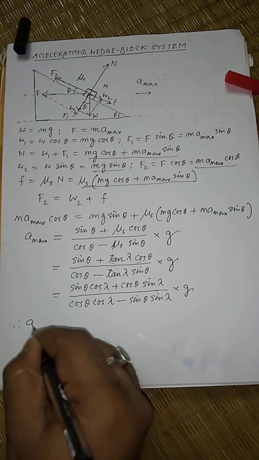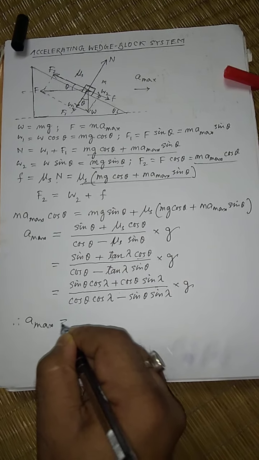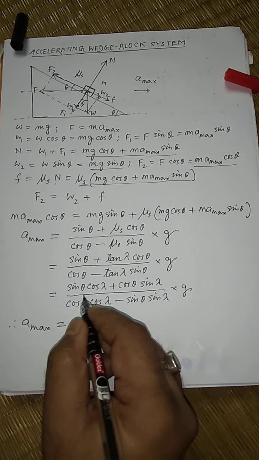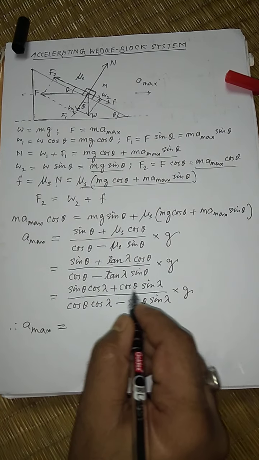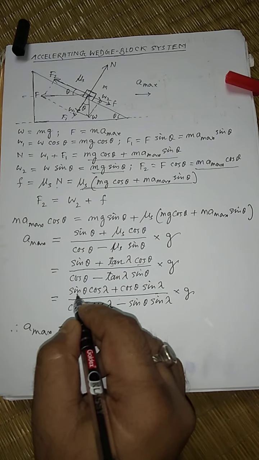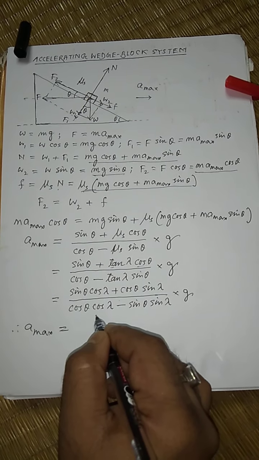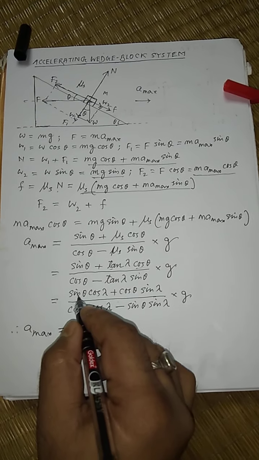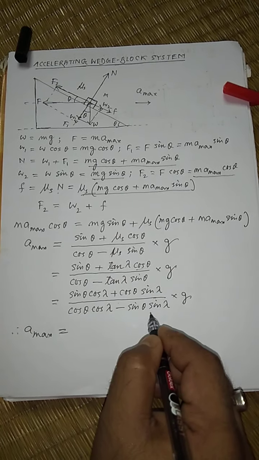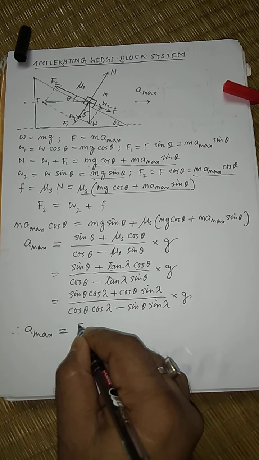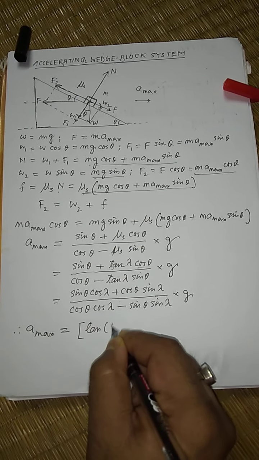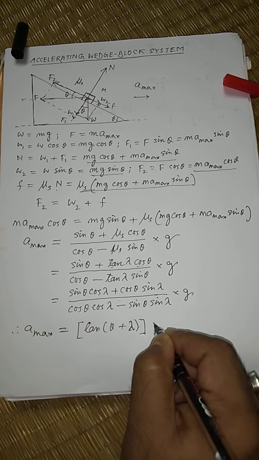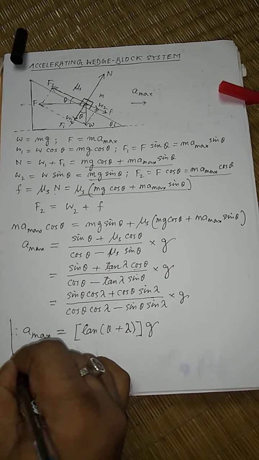And therefore A max is equal to cos theta sin theta plus cos lambda plus cos theta sin lambda, which is equal to sin of theta plus lambda, and cos theta cos lambda minus sin theta sin lambda is equal to cos of theta plus lambda, and sin of theta plus lambda divided by cos of theta plus lambda, we get tan of theta plus lambda, multiplied by the acceleration due to the Earth's gravity.